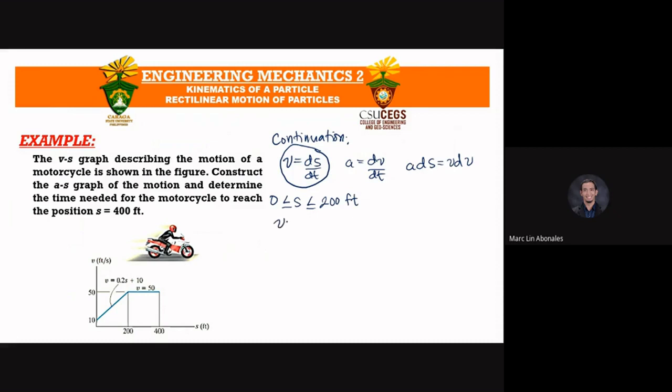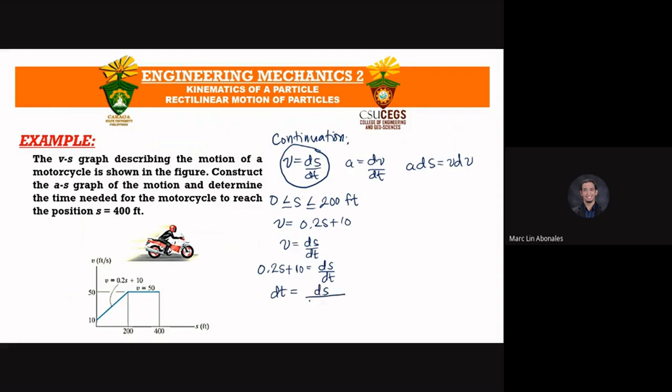That is v is equal to 0.2 s plus 10. Using the first kinematic equation, we just substitute the equivalent of v, that is 0.2 s plus 10 is equal to ds over dt. Then we cross multiply, or combine the like terms for the same variable.